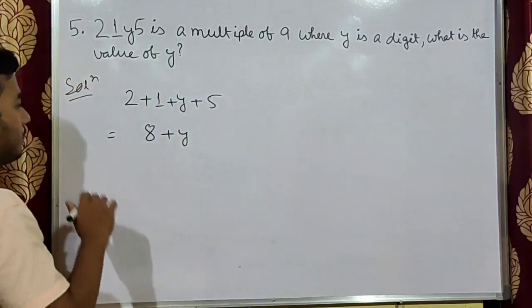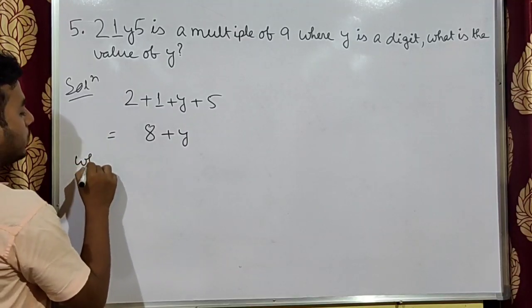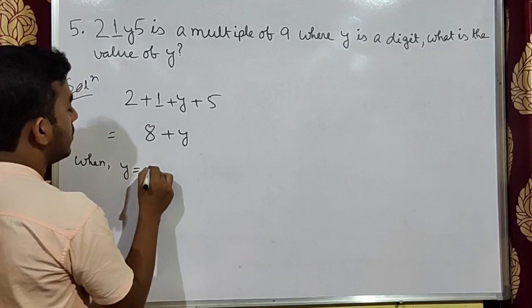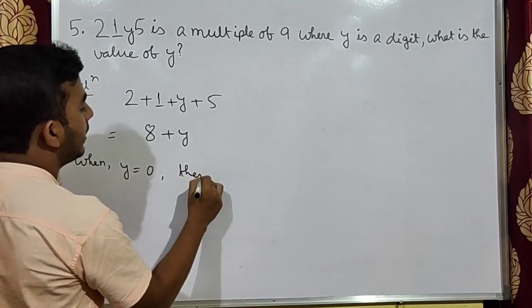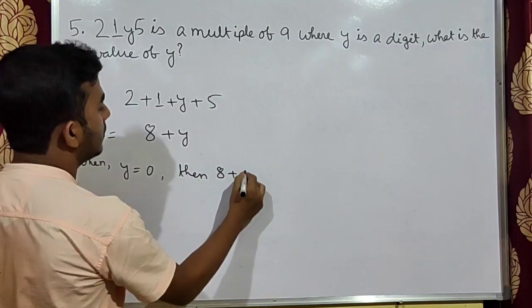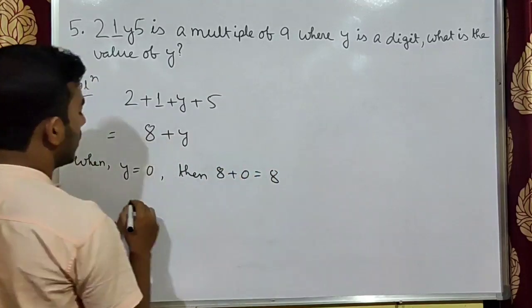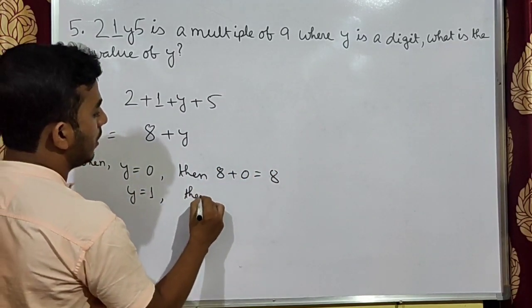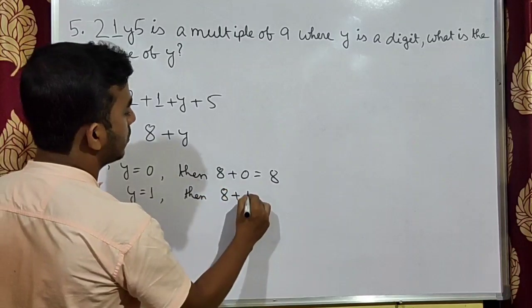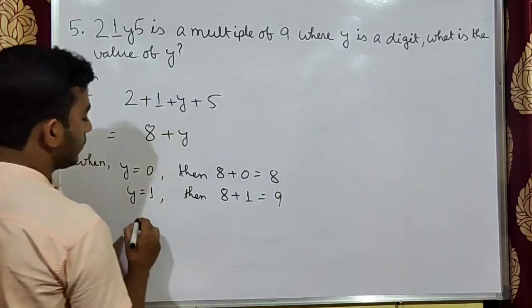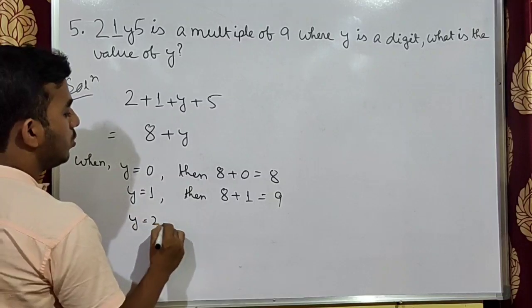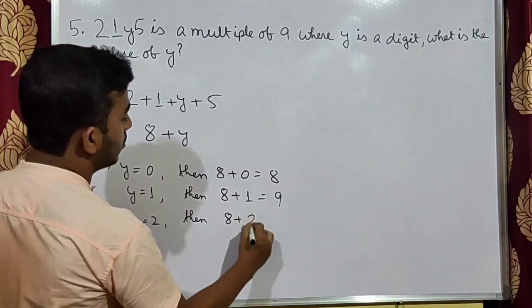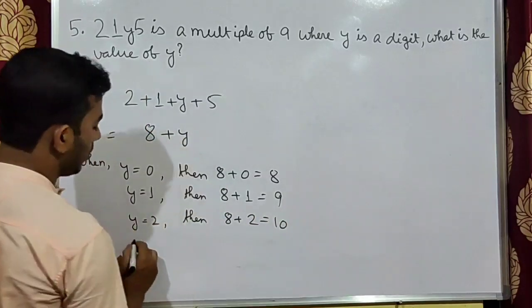Now we will write: when y equals 0, then 8 plus 0 equals 8. When y equals 1, then 8 plus 1 equals 9. When y equals 2, then 8 plus 2 equals 10.